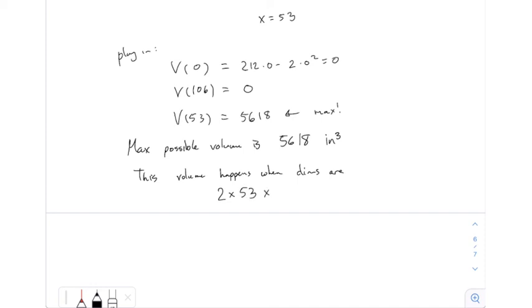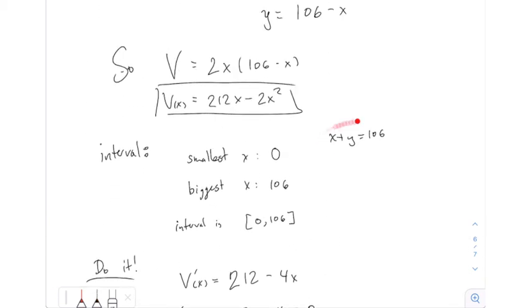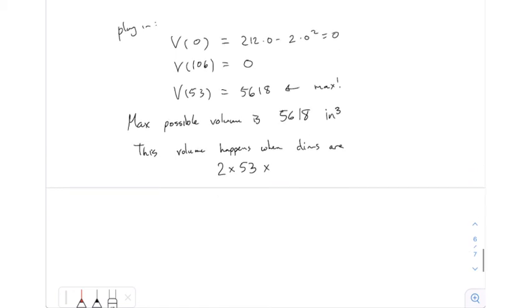By y, what's the y when the x is 53? Well, you remember this right here. The x plus the y has to add up to 106. So if the x is 53, the y is also 53. So the answer is 2 by 53 by 53 inches.